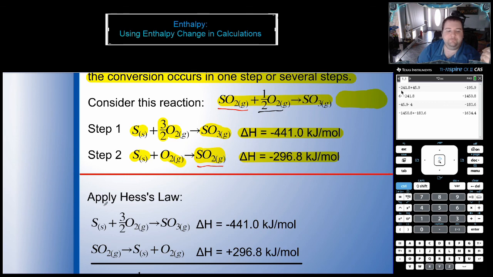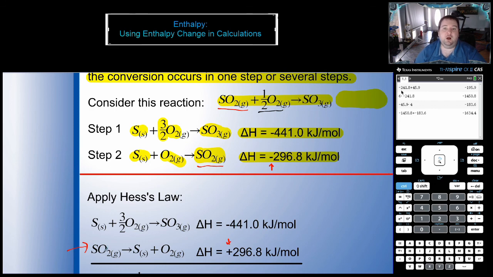How do I get it there? You swap the equation around, okay? And so SO2 becomes your reactants and sulfur and oxygen become your products. I just swapped it. What's Hess's rule? When you swap it, you do what? You swap the sign. So this negative becomes positive, and that's it.